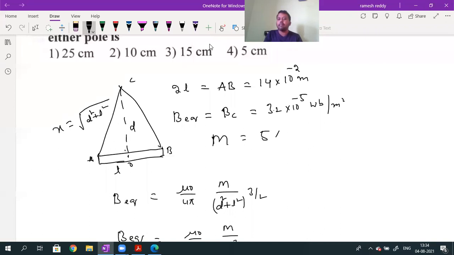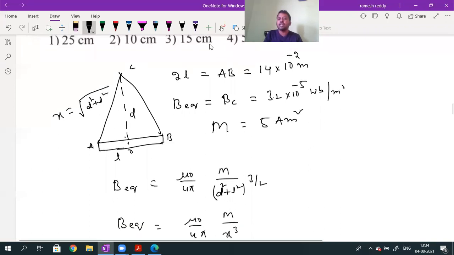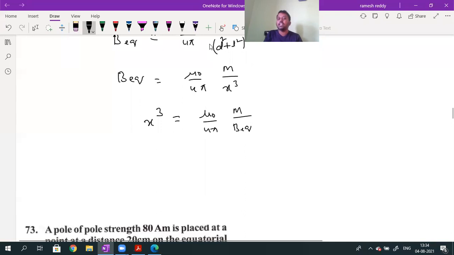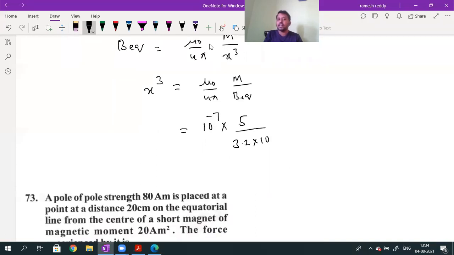Mu naught by 4 pi is 10 to the power of minus 7, into M value 5, divided by B equatorial, which is 3.2 into 10 to the power of minus 5. Simplify this and you will get the answer for X.